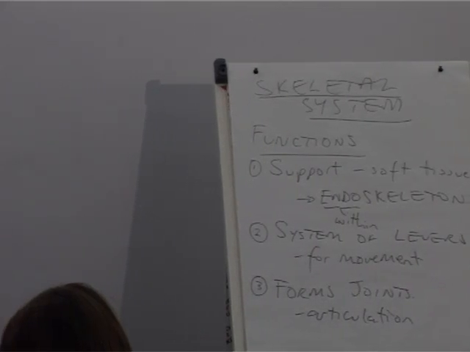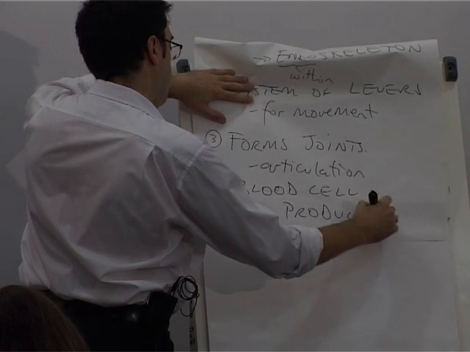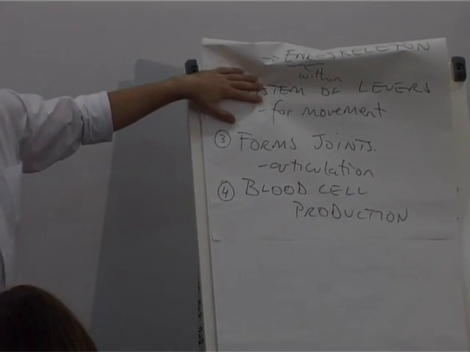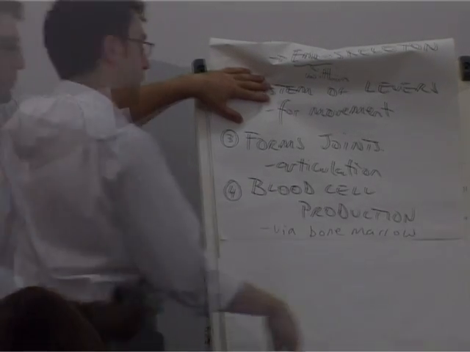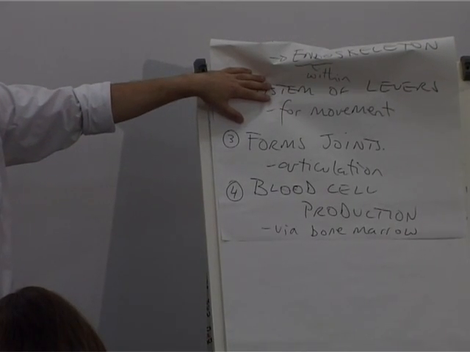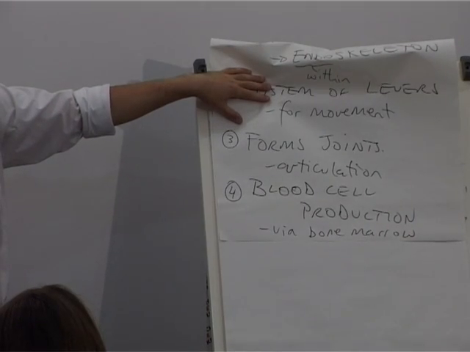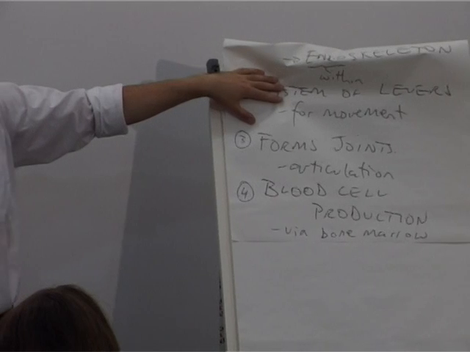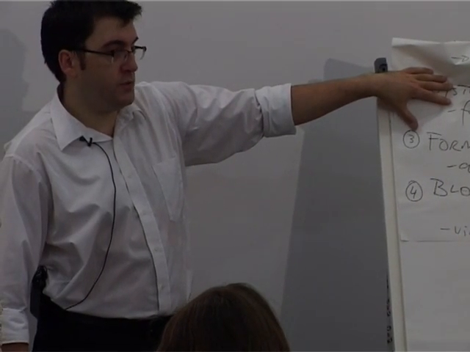But on the whole, most joints are for articulation. The skeleton is also for blood cell production, and this comes from the bone marrow. All of our blood cells originate from the bone marrow, and the bone marrow is found within the centres of most bones.